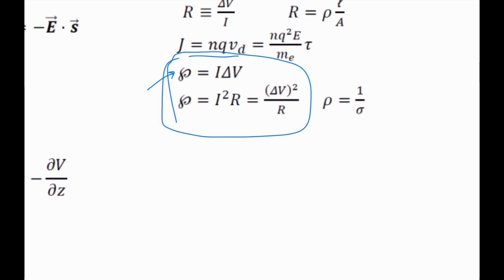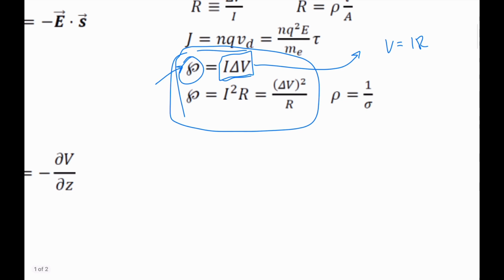So if you have some circuit, or a battery that is outputting a certain amount of current and voltage, you can multiply these two things together and you can get the power output. You can also, if you use Ohm's law, so remember here we have V equals IR, replace V with IR. The I becomes squared now because we have two of them, and we have the R now. So two different ways of writing power output.